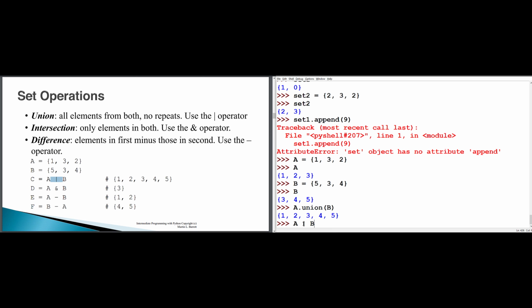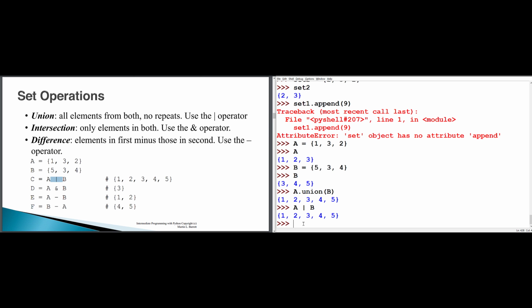This is basically borrowed from C language notation, in which Python is one of many, many, many languages that are sort of kind of almost derived from C. And the vertical bar means or. So A or B means the union of A and B.